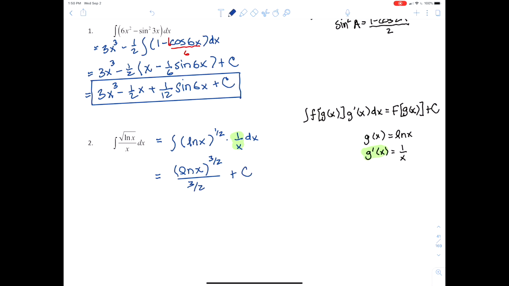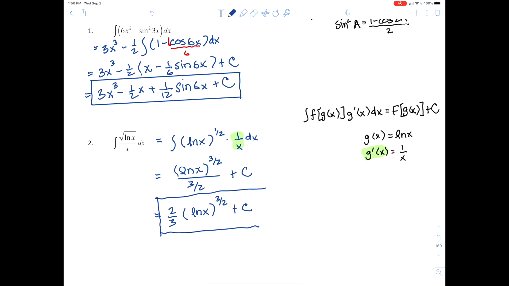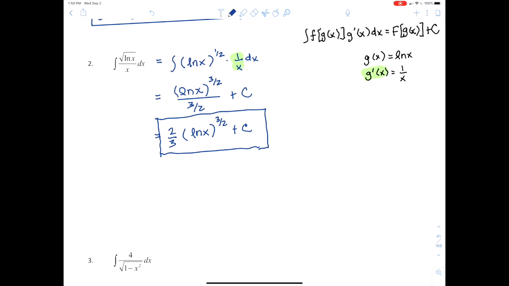If you needed to, you could do a u substitution and that would work too. So that gives us 2/3 times quantity of natural log at x to the 3/2 plus our constant of integration c. And remember, you can't use any kind of property of logs on that because it's the whole natural log function being raised to the 3/2 power.